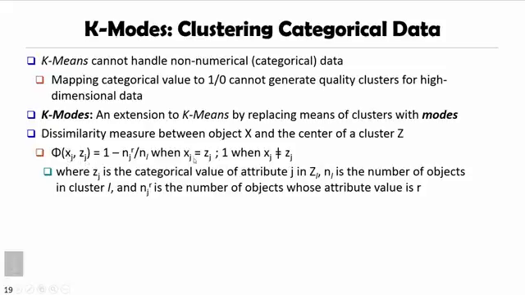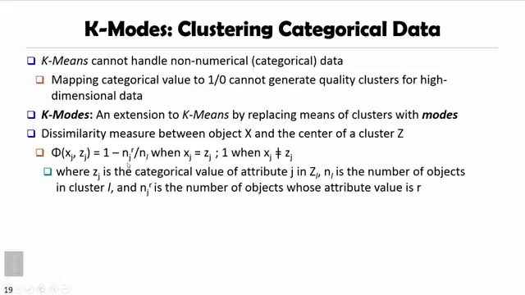If this object is not equal to the center on the same attribute, essentially they are different, then we just say the distance is 1 because it's very dissimilar, or the distance is the largest. However, when this value is equal to the attribute of the center here, then we use this formula.